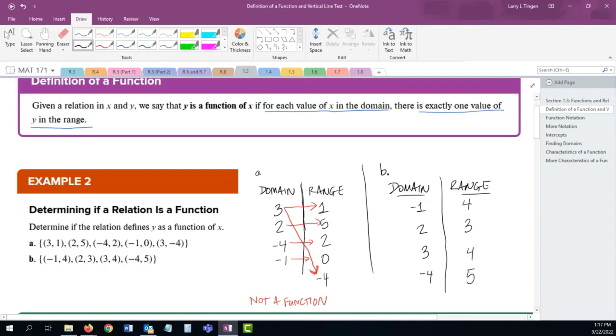But I told you we don't repeat values, so 4 is in there already, so I don't write it again. So the range only consists of 3, 4, and 5. What's the relation? -1 points to 4, 2 points to 3, 3 also points to 4, and -4 points to 5. This is a function.